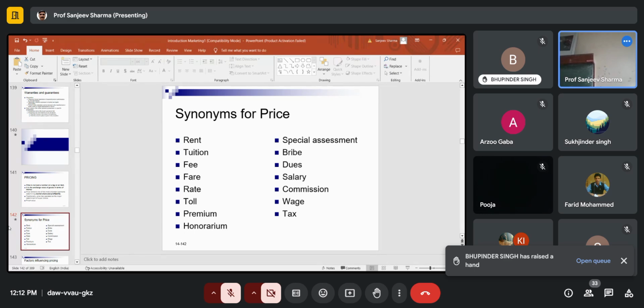First is market pricing. Second is incremental pricing.